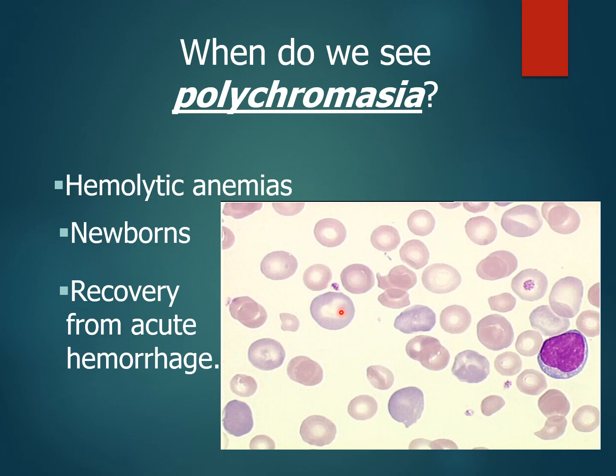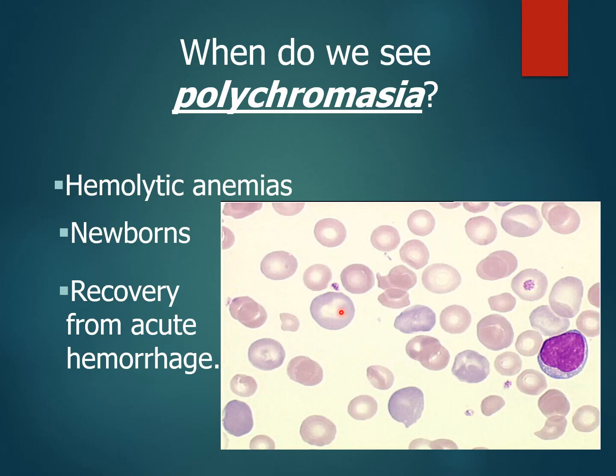We see polychromasia very prominently in neonatal patients, newborns. That's because they no longer have their mom to rely on, and their bone marrow is adjusting to the outside world. They now have to breathe air and transport oxygen outside of the womb.